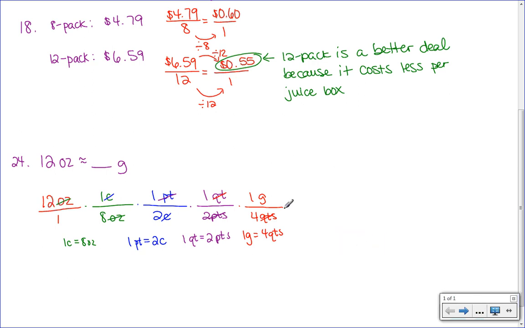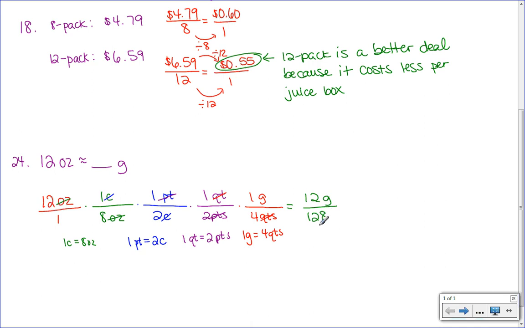Now all we need to do is multiply straight across the top and straight across the bottom. So 12 times 1 times 1 times 1 times 1 is just 12. And our units on the top are gallons. And in the denominator, 1 times 8 times 2 times 2 times 4 is 128.